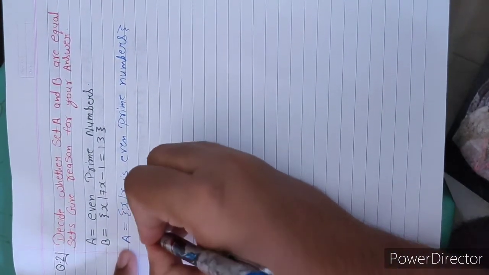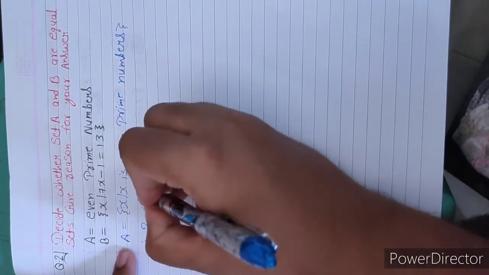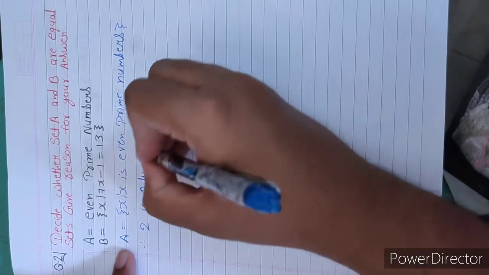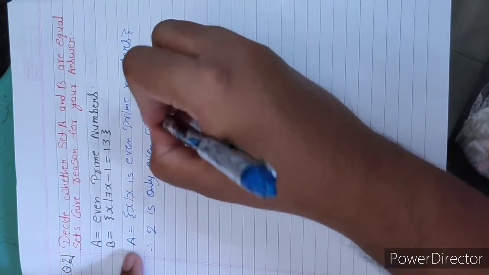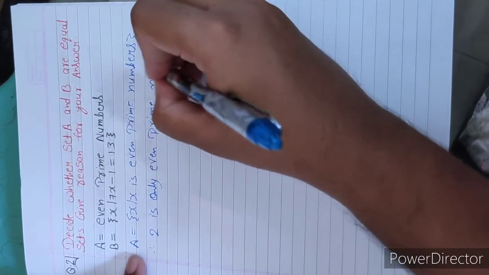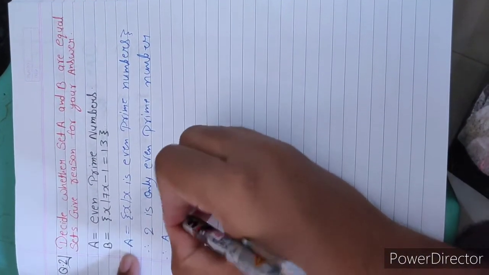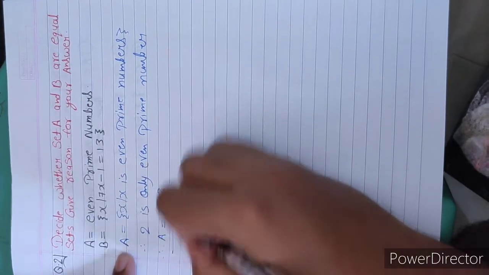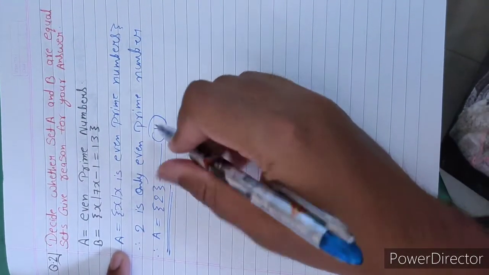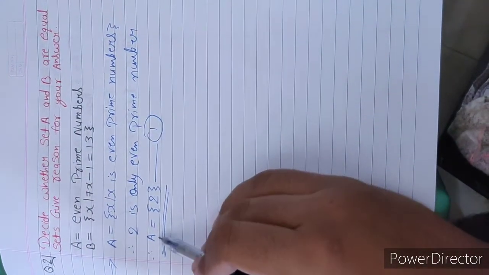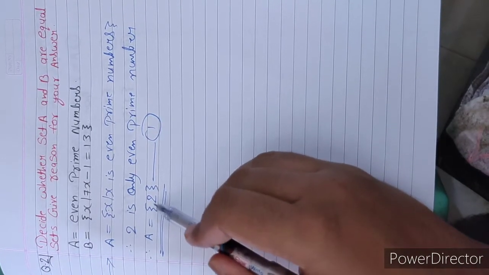The 2 is the only even prime number. So that's why we will write A is equal to, in curly brackets, 2. We will call this equation number 1. So here we got the set A with the element 2.